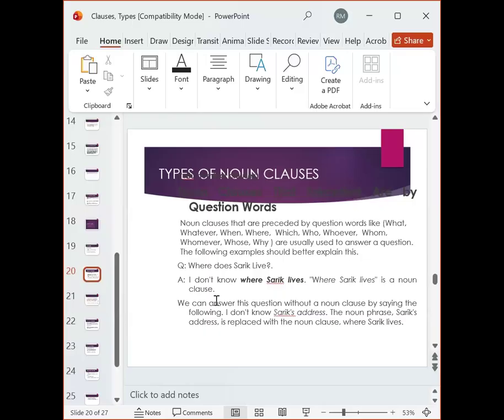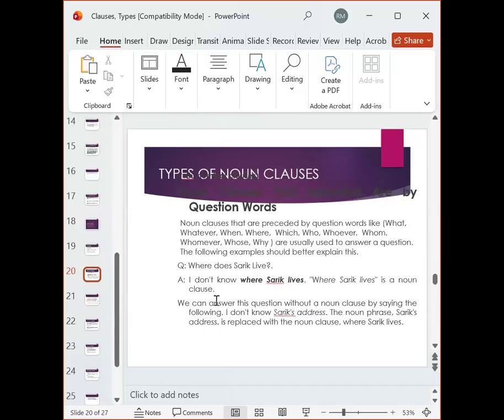That something you do not know cannot act like an adverb or an adjective, but it is a knowledge you do not have, or a knowledge you have. And that knowledge is expressed by saying where Sarik lives. And that's what makes it a noun clause.